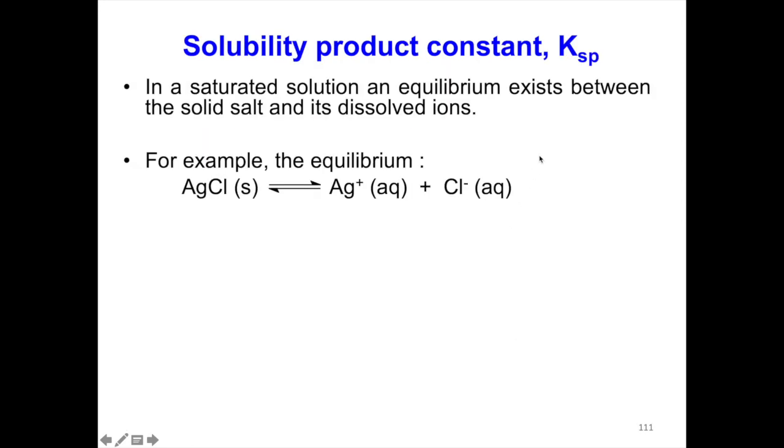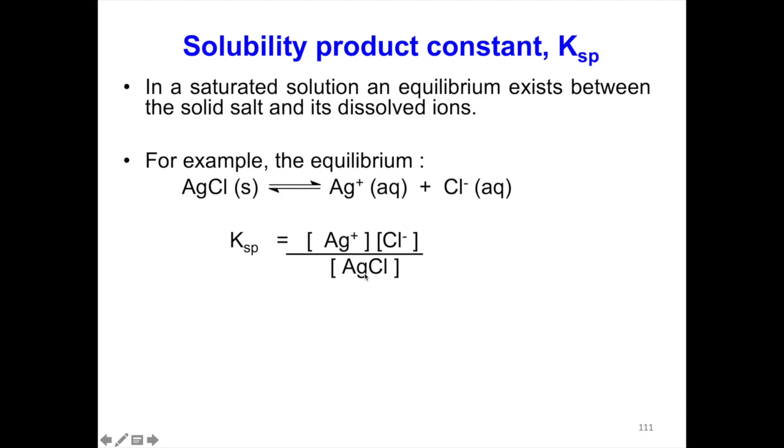Solubility product constant Ksp. In a saturated solution, an equilibrium exists between the solid salt and its dissolved ions. For example, the equilibrium AgCl solid produces Ag plus in aqueous phase plus Cl minus in aqueous phase. The expression of the solubility product constant Ksp is supposed to be the concentrations of products divided by concentrations of reactants.